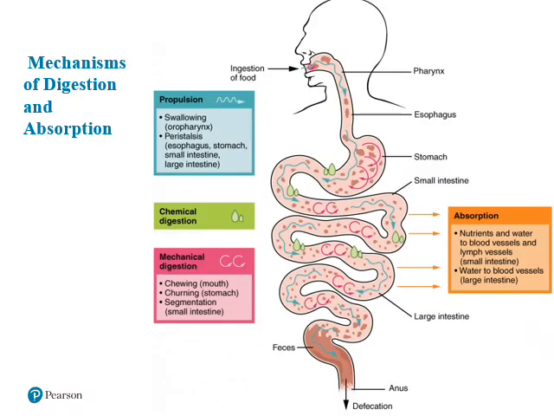So, in a nutshell, let's take a look at digestion itself. Digestion starts from the mouth, okay? You're ingesting food, and only when these molecules are small enough to be absorbed would they be able to cross the walls of the small intestine.